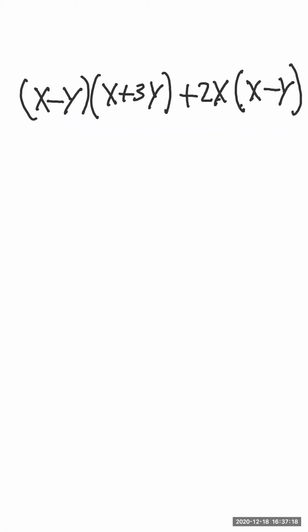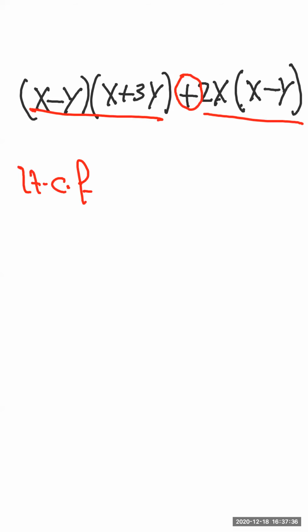So now, guys, how many terms do I have here? Actually, there is a positive sign here. So this is one term, this is one term. Now get the highest common factor. Simply, the highest common factor: here x minus y times x plus 3y, and the other term 2x times x minus y.